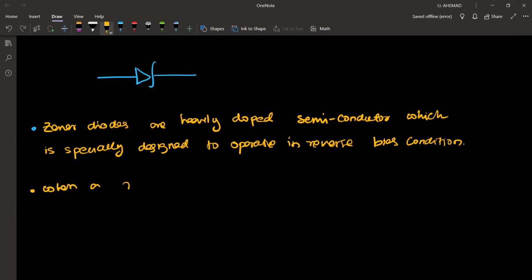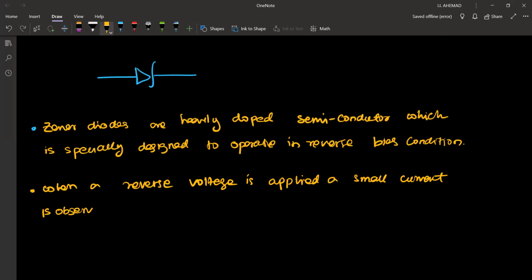When a reverse voltage is applied, a small current is observed until a certain voltage.